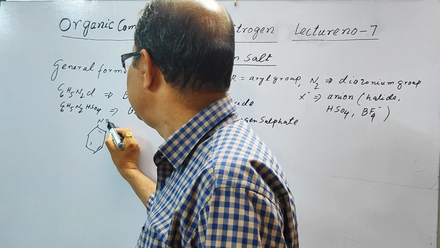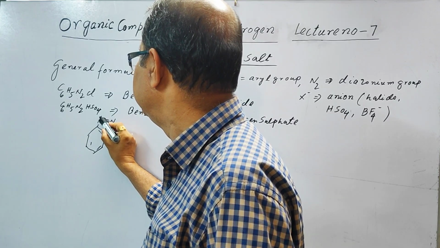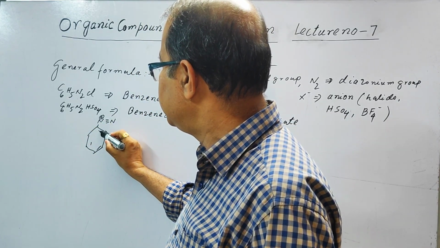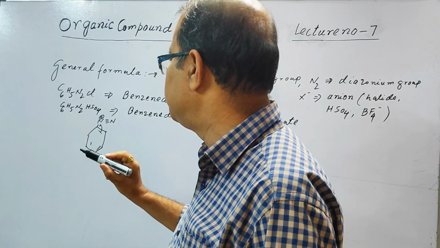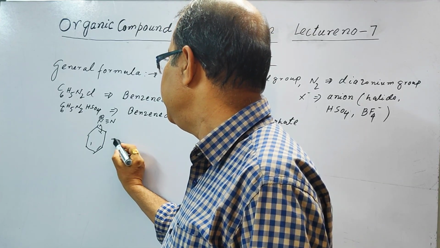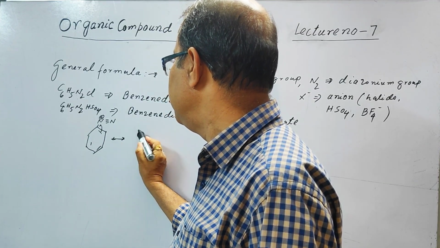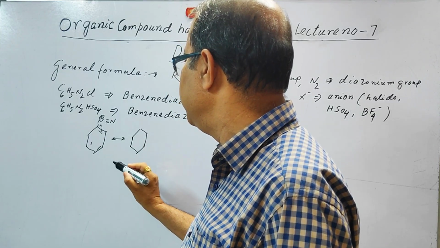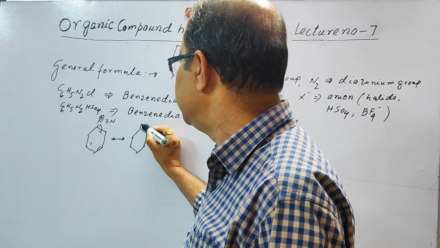This is the diazonium ion. Here the lone pair electrons go there and make a resonating structure like this.